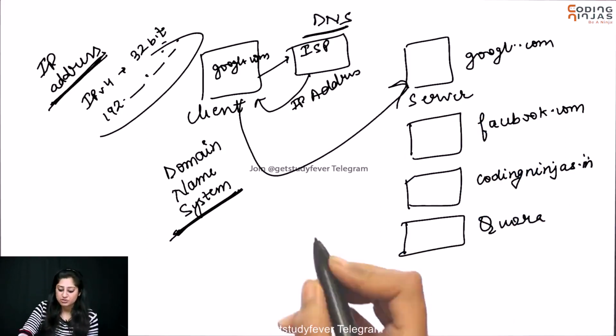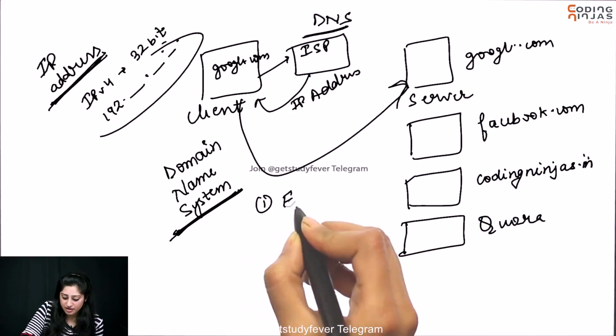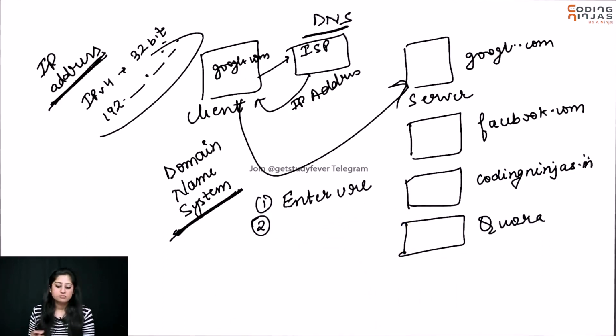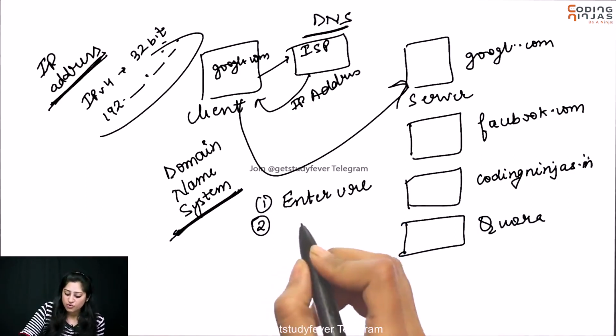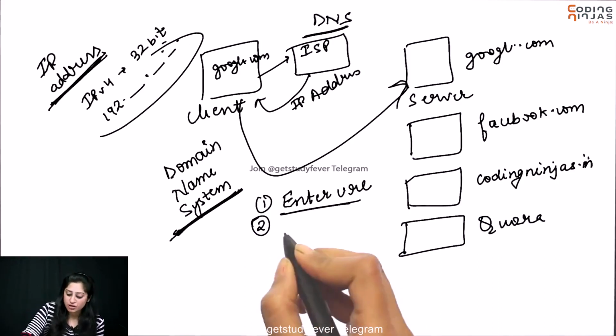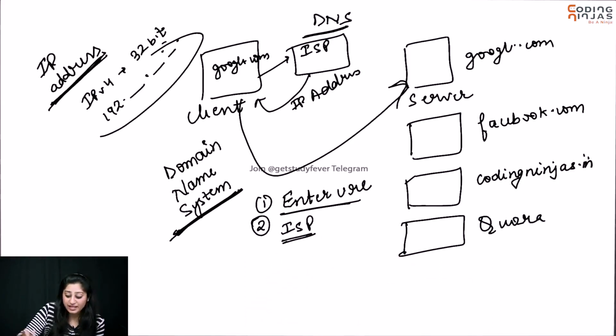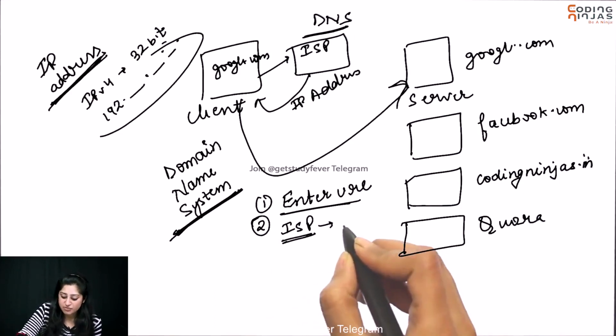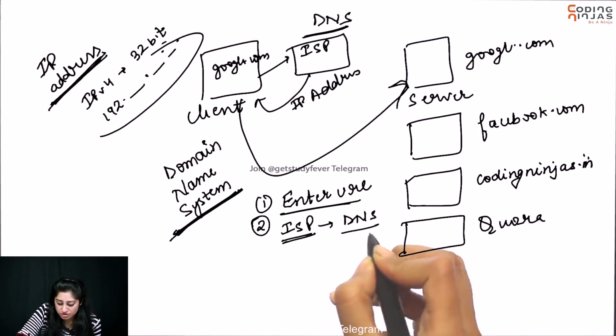So these are the steps. Just to summarize: you enter the URL, you have entered the domain name, and you would want the exact IP address. The browser generally tries caching commonly searched URLs and their IP addresses. In case the browser has not stored that IP address, the browser will contact the ISP, Internet Service Provider, to get the desired IP address. If the ISP has not cached the information, it will conduct a domain name search.